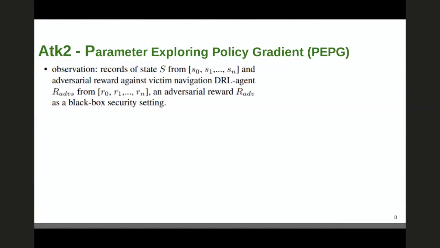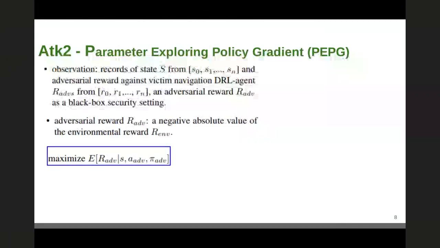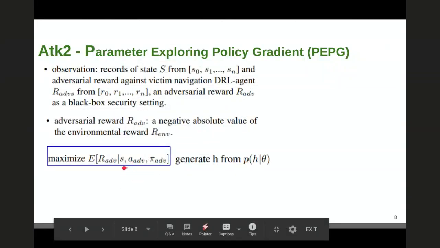And the second attack is a parameter exploring policy gradient, which directly attacks the observation. So the reward is the opposite of the original reward. Imagine there's another agent trying to minimize the loss function. So the other adversarial one makes the other selection of this expectation function.